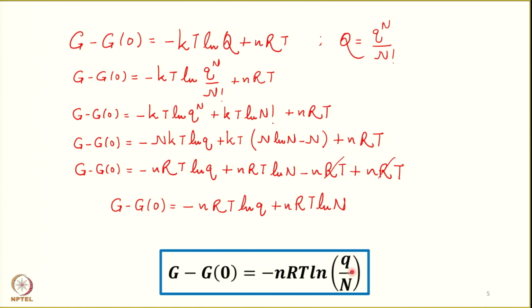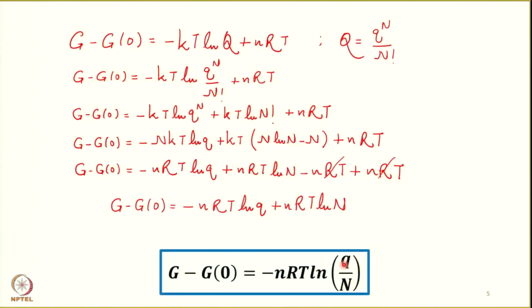Now remember that this is the molecular partition function, and since we have decided to initially apply it to monatomic perfect gas, therefore this molecular partition function is equal to the translational contribution to the partition function.